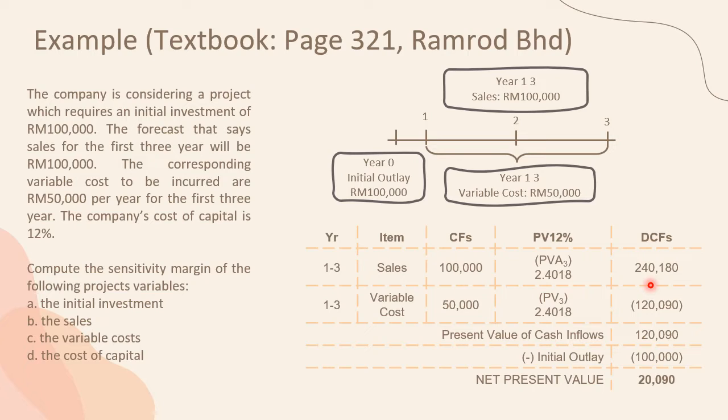So we get a discounted cash flow of 240,180 for cash inflow, and our cash outflow will be 120,090 ringgit. Therefore, our net cash inflow will be 120,090 ringgit minus the initial outlay, so that we get our NPV of 20,090 ringgit. So we have calculated our NPV.